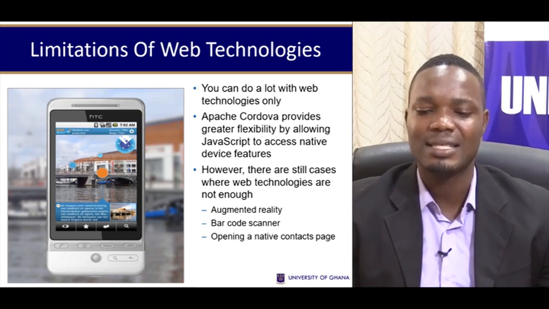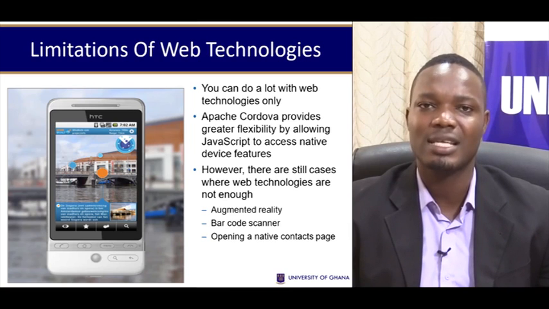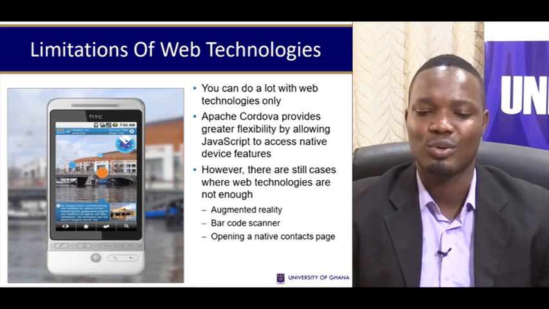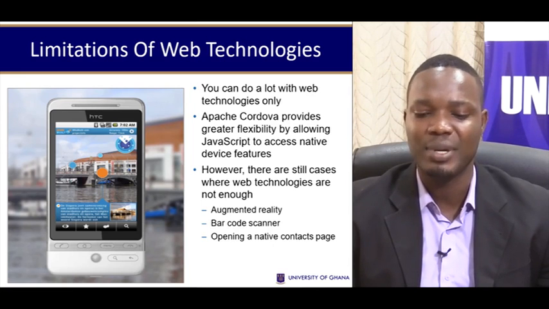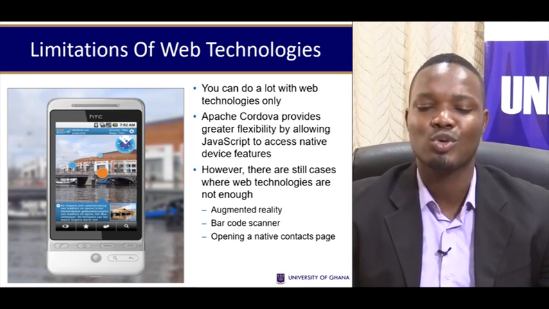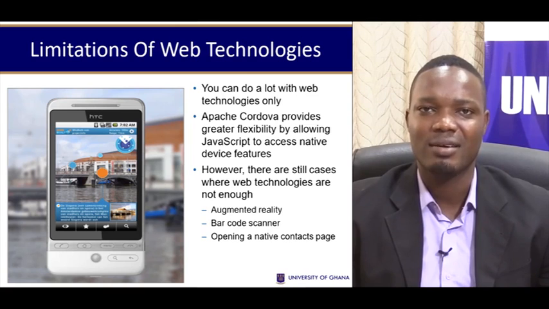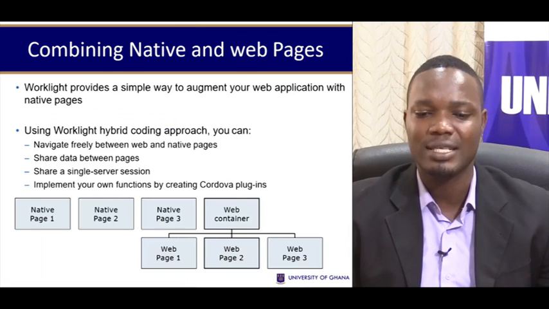However, there are still cases where web technologies are not enough. For example, with a barcode scanner, we want to read that. It might be impossible to do that with just Apache Cordova, so we need to pull a native page into our application. Maybe we also want to open a native contacts page. We can't do that with our web pages, so we need to integrate a native page into our application.